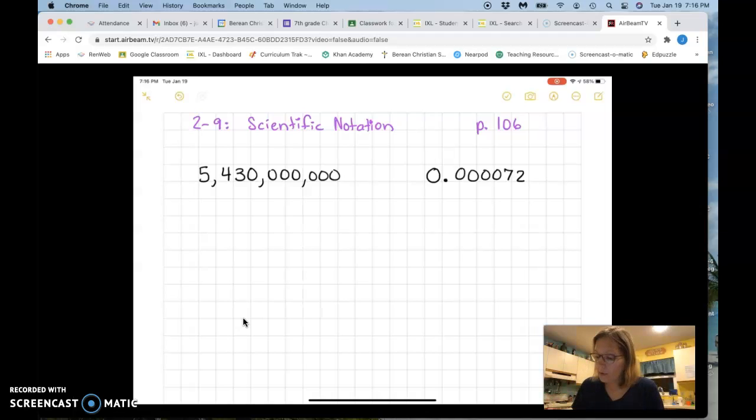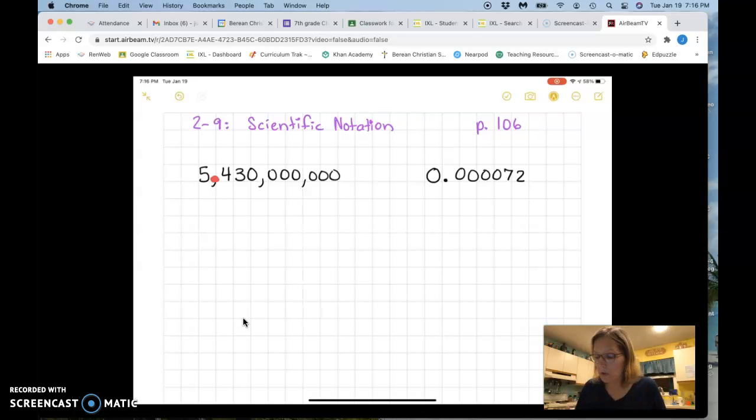So I'm going to have to put a decimal in this number, okay? Red, okay, good. So I'm always going to put my decimal right after the first number, whatever my first actual number is that's not a zero.